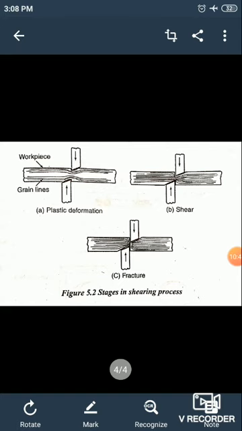The last stage is the fracture. You can see that in the last stage the fracture lines originating from the point of each blade meet at the center of the workpiece, causing separation before the blades have fully penetrated.